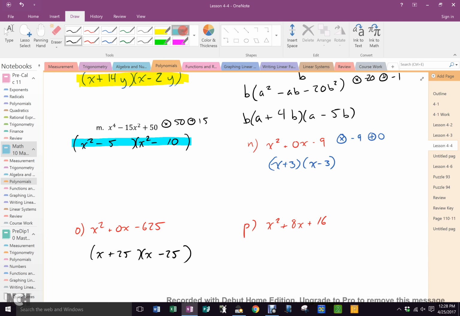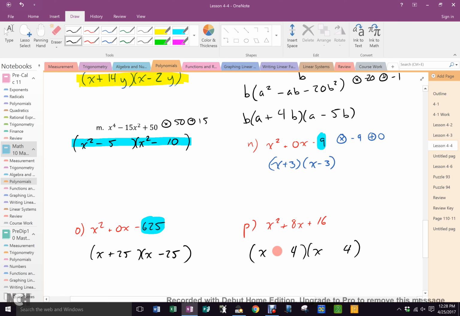What do you notice about 9 and 625? They're perfect squares. Now have a look at P. What do you notice about the last term in P? It's a perfect square. When these were perfect squares, I just put the square root, right? So what do you think's going there? Square root. But this is positive and this is positive.